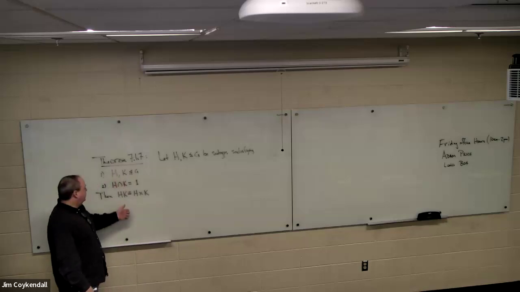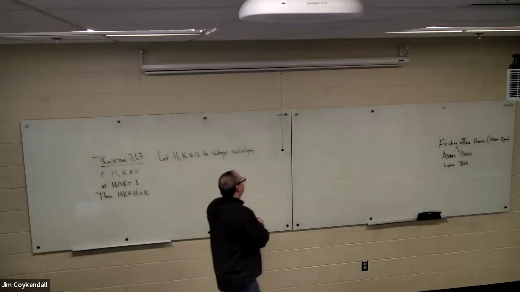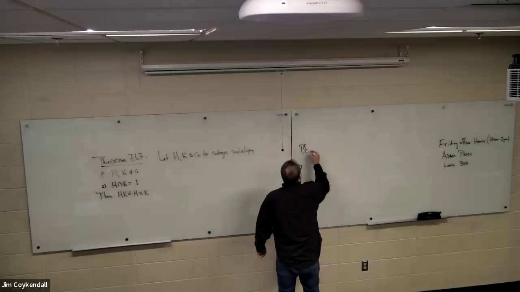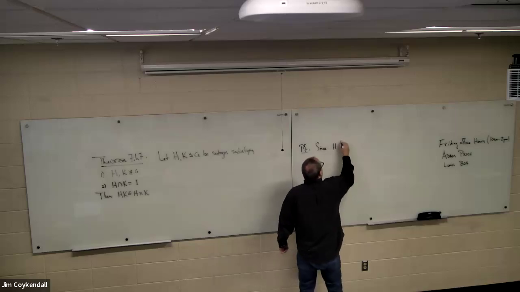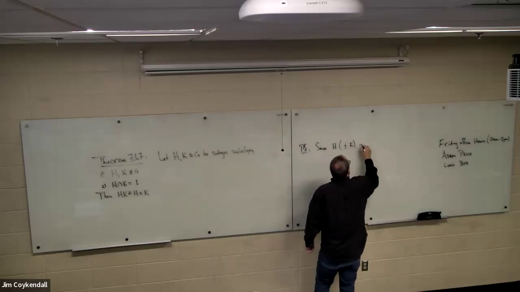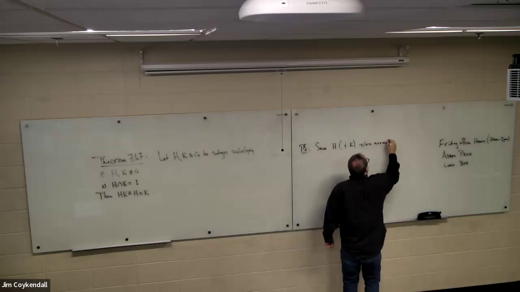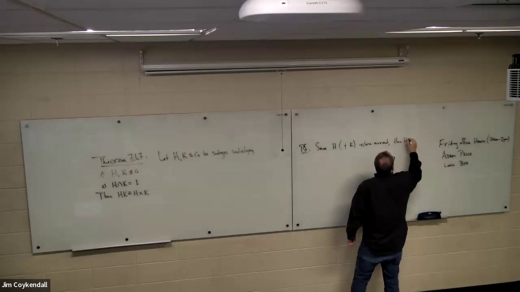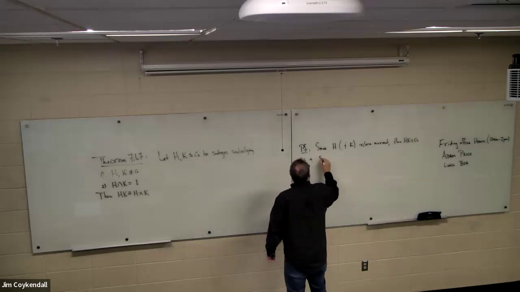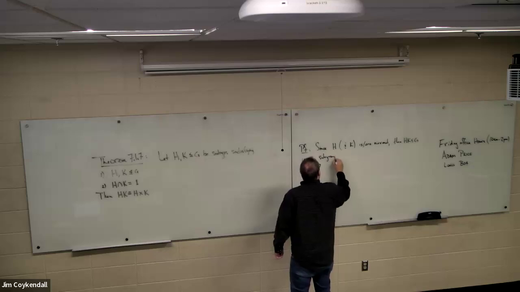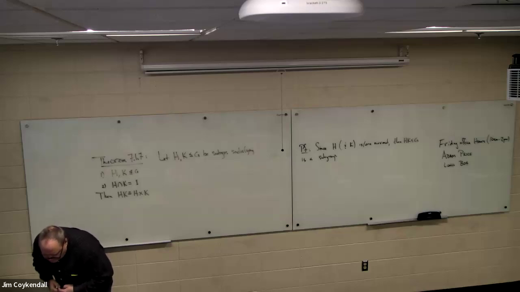But as long as even one of H and K is normal, then HK in G is a subgroup. And I think it's probably best that we start off saying that we sort of know what we're talking about.